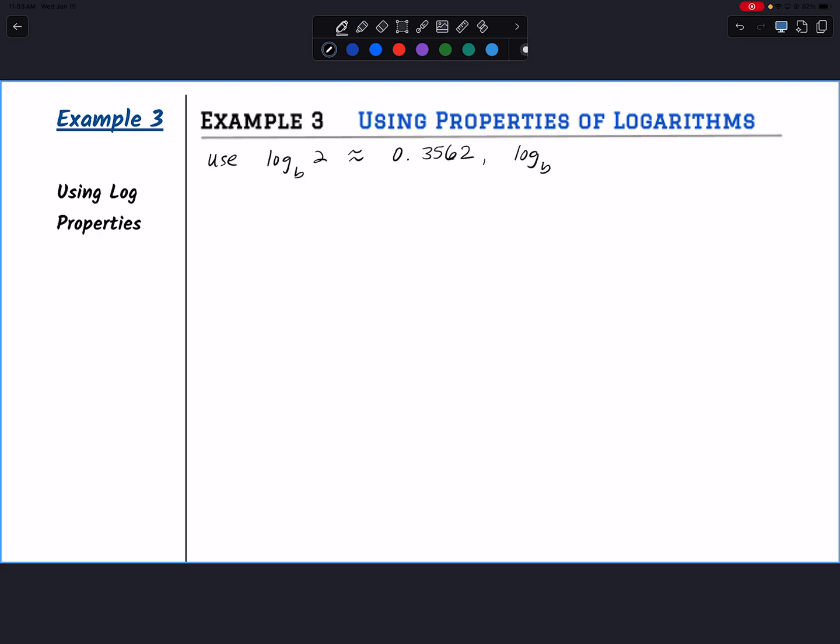Log base B of 3 is approximately 0.5646. And log base B of 5 is approximately 0.8271 to find the following.